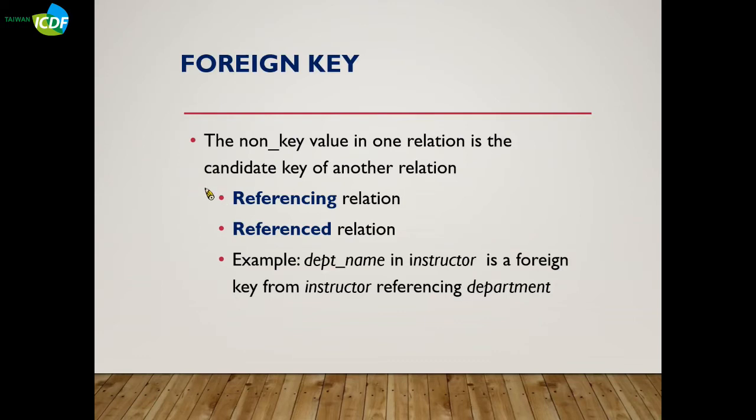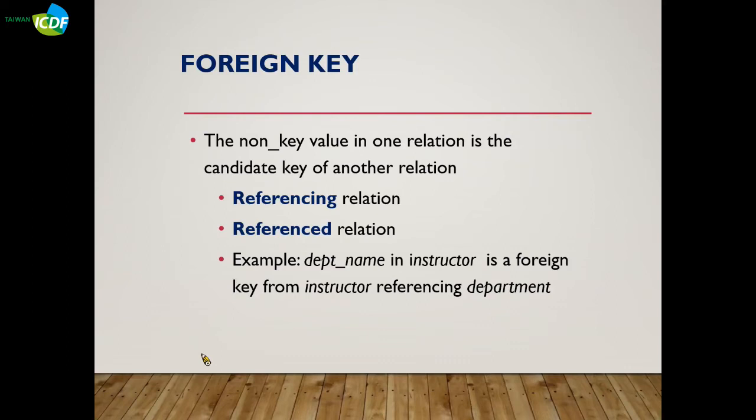So we can define the foreign key as the non-key values in one relation, and these non-key values are actually the candidate key of another relation. One is the referencing relation, and the other one is the referenced relation.